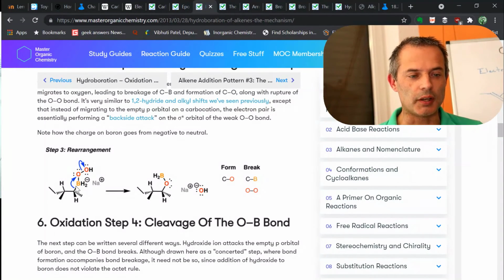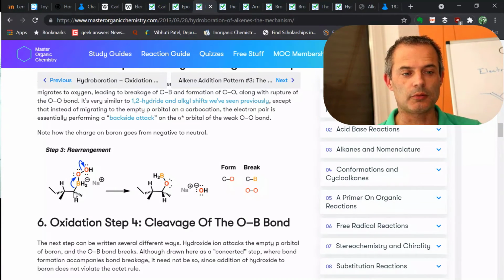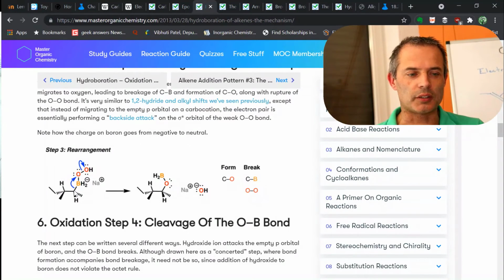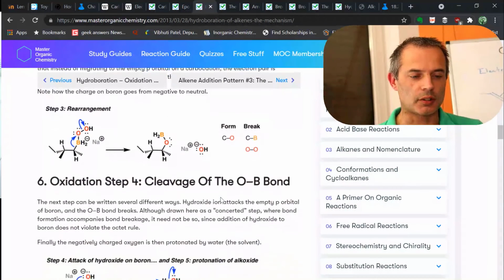So according to their own logic, they should have drawn a dotted line up here. The electrons from this bond end up between the oxygen and the carbon. Bad author, but not as bad as me for not knowing this. And then the hydroxide group is lost, which gets rid of the negative charge. And then we need to get rid of the boron part, which will happen with the base. So let's have a look at that.